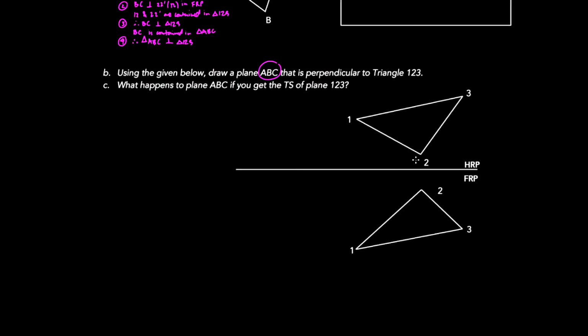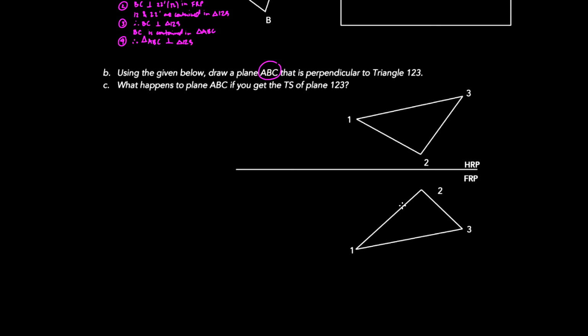So the best way to do that is to just construct, to pick, pili tayo ng isang edge from the plane and let's prove it to be perpendicular to, actually para mas madali, the easiest way to go about this is we pick one of the edges dito sa plane 1, 2, 3.